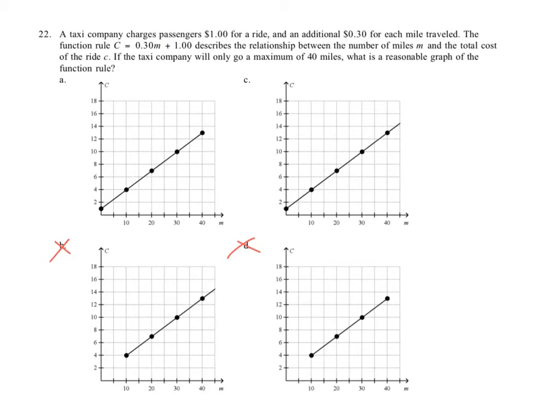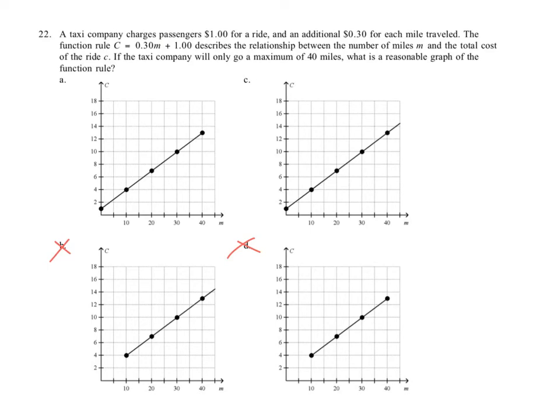And then just writing it down here, what would the range be? C, well, it's always going to be greater than or equal to $1. We have to pay $1 if we start the meter. Now, if we went 40 miles, 40 times 0.30, 0.3 and 0.30 are the same, would be $12, the maximum for that.